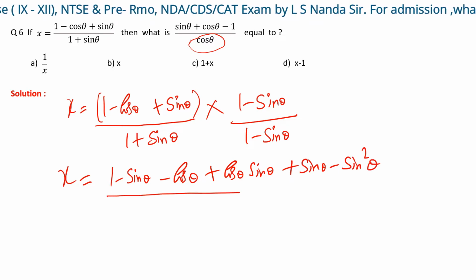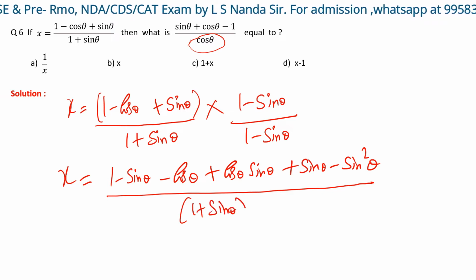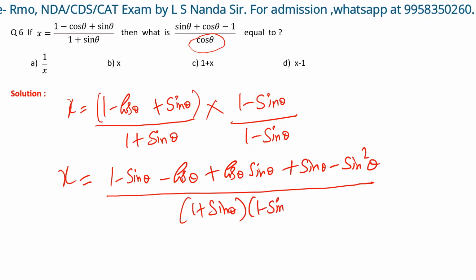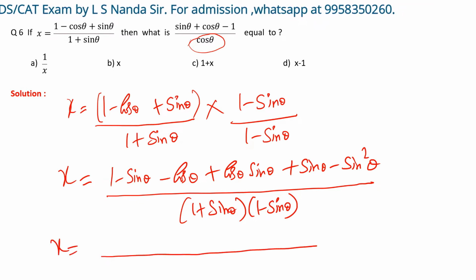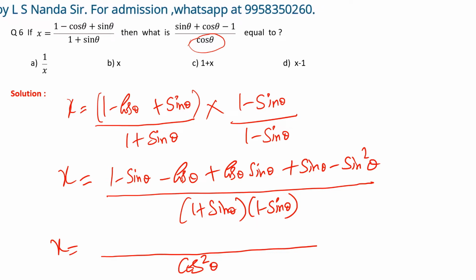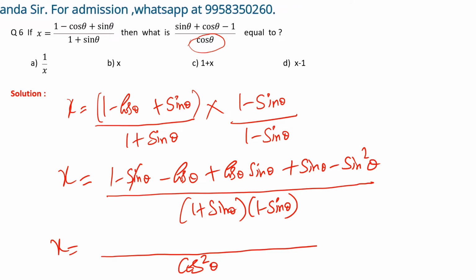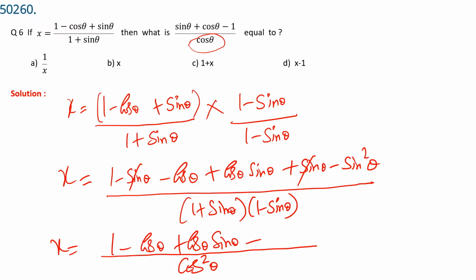And in the denominator, we'll be getting 1 plus sin theta into 1 minus sin theta, which will become 1 minus sin square theta or cos square theta, right? So in the denominator, we have now cos square theta. In the numerator, we are left with sin theta and minus sin theta will cancel out each other. We'll be getting 1 minus cos theta plus cos theta into sin theta minus sin square theta.